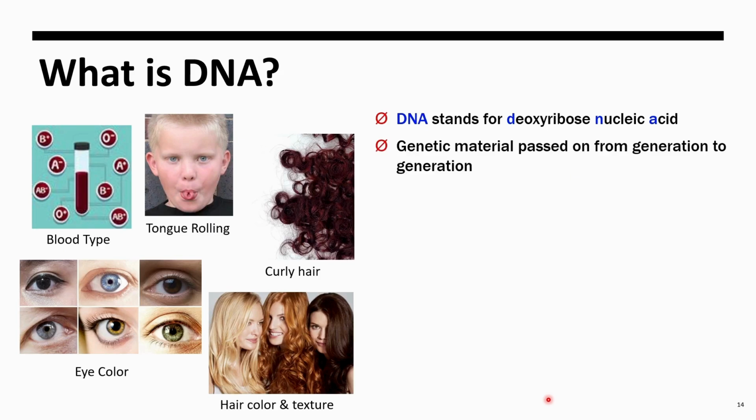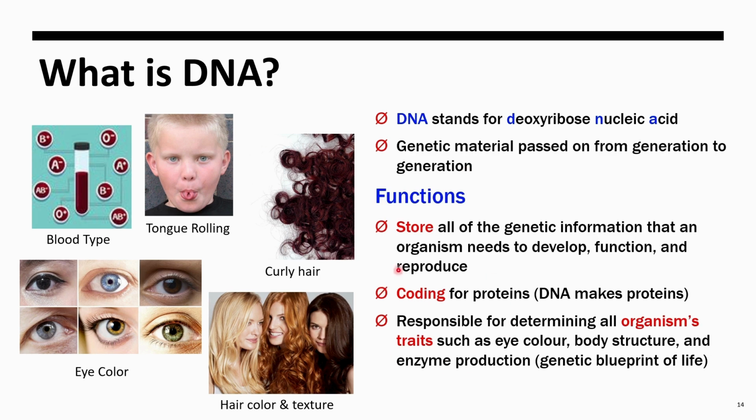Now let's dig deep into DNA. So what does DNA stand for? DNA stands for deoxyribose nucleic acid. So DNA is a kind of nucleic acid. It's a genetic material that passes from one generation to the next. It stores all genetic information.